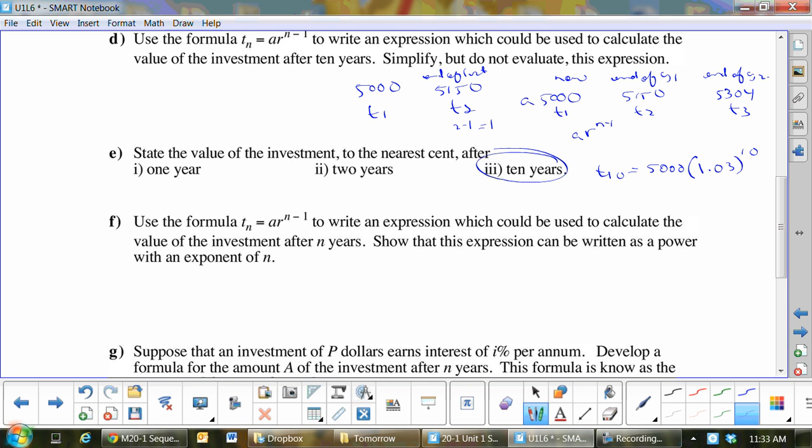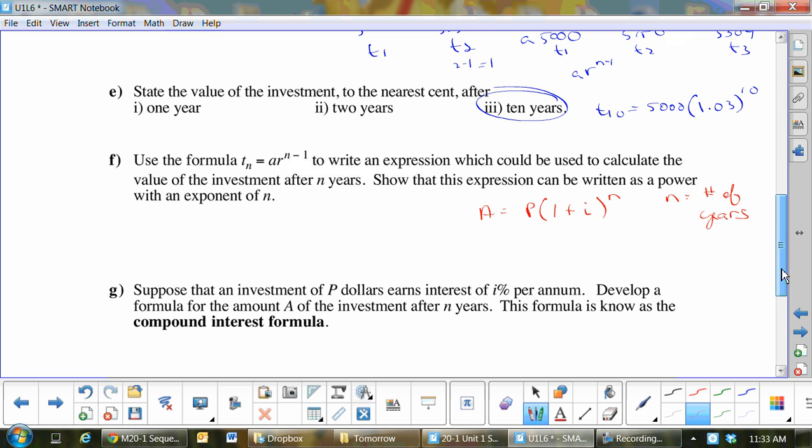Okay? So here is the actual formula for compound interest. A equals P times 1 plus i to the n, and n equals number of years. Because if you look above, do you see how n did equal the year?